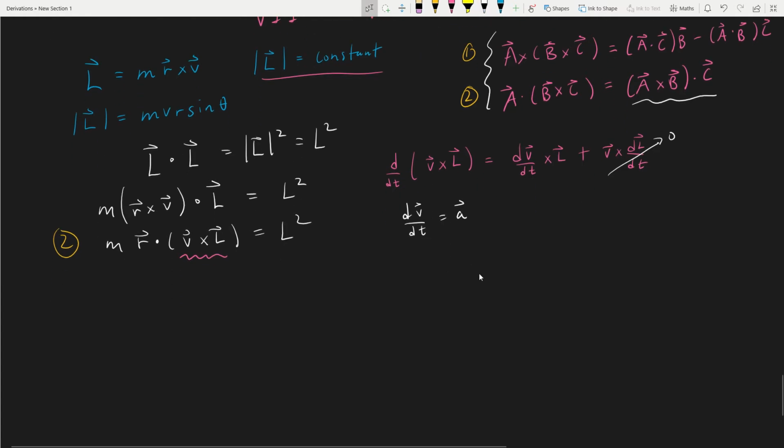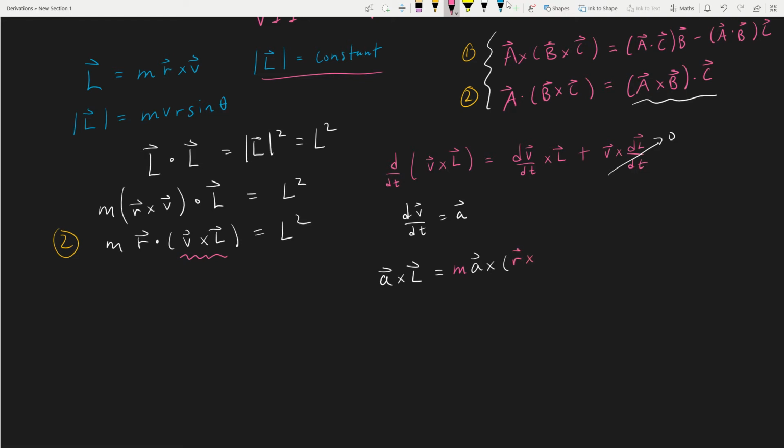Let's now calculate A cross L. A cross L is really A cross, and I'm going to take the m outside again, something I'm going to do frequently. And what is L? It has this r cross v term in here.